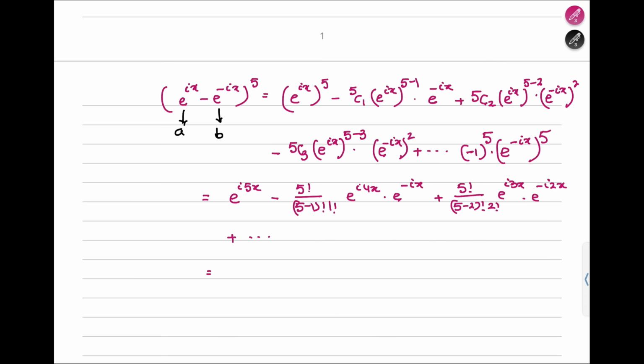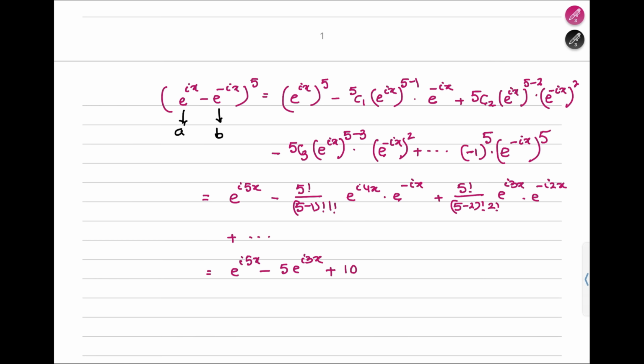What will be the values? e to the power of i into 5x minus factorial 5 by factorial 4 is 5, factorial 1 is 1. This will be 5 into e to the power of i 4x minus ix, that will be 4 minus 1 is 3. We are simplifying here. i 3x plus factorial 5 by factorial 3 will be 5 into 4 is 20, 20 divided by factorial 2 is 2. That is 10. This value will be 10.